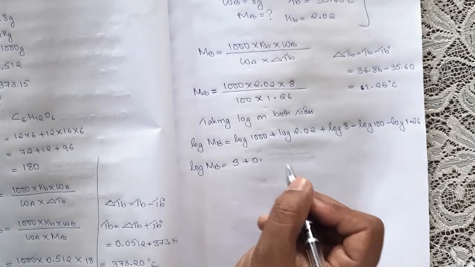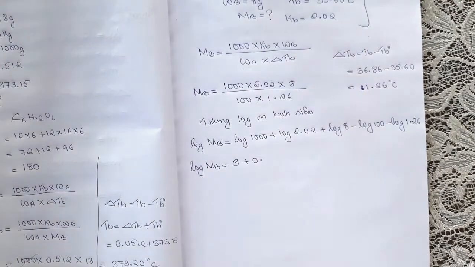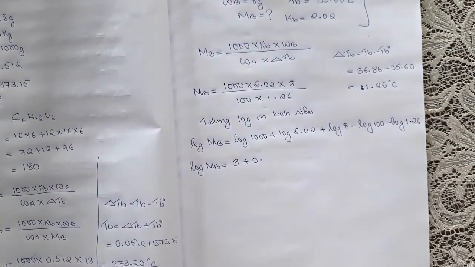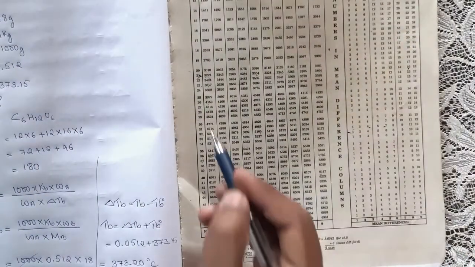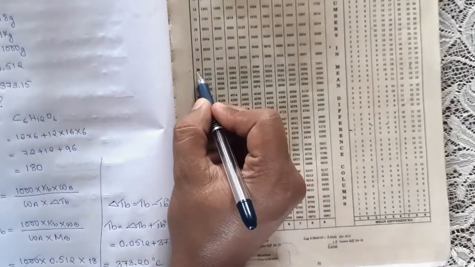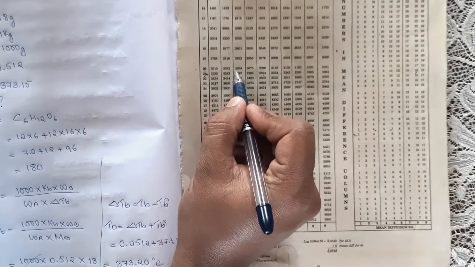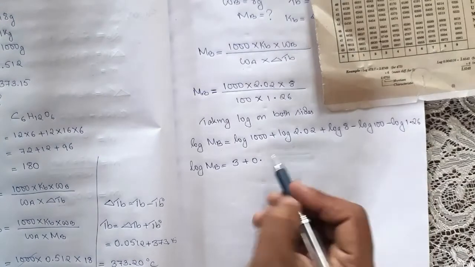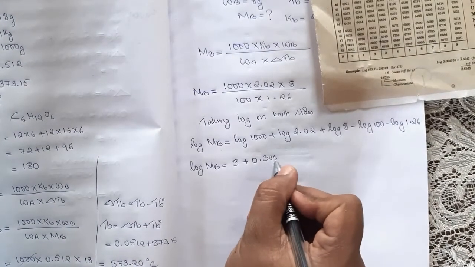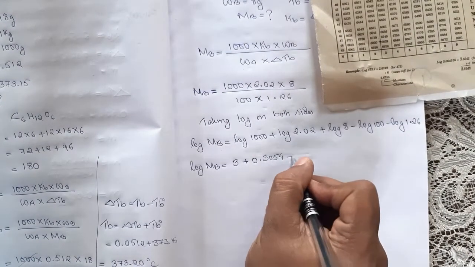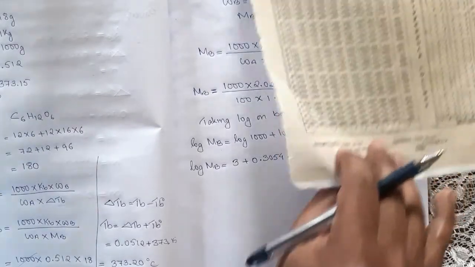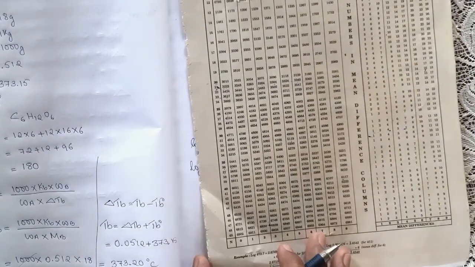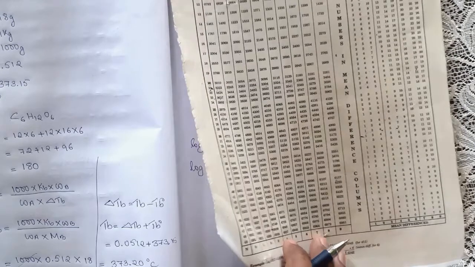So we shall now look at the log table. So here is the log table. We have 2.02, so I should go for 20 and then 2. Out here we have 20 and then 2: 3054. Plus log 8. When there is no log 8 out here, we need to go for log 80.